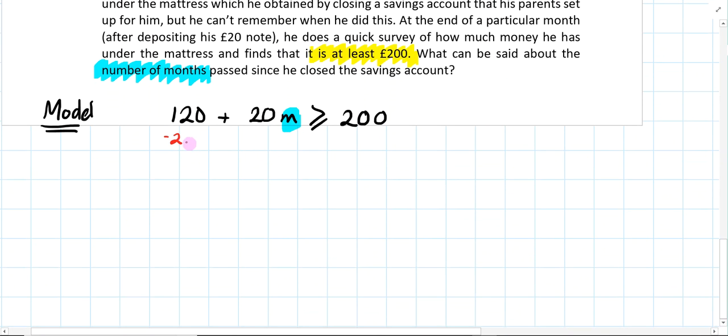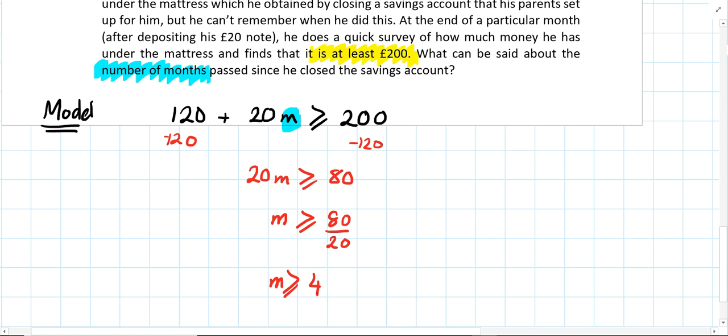Subtract 120 gives me 20m must be greater than or equal to 80, which is what you were trying to tell me anyway. So 80 over 20. So m is greater than or equal to 4.